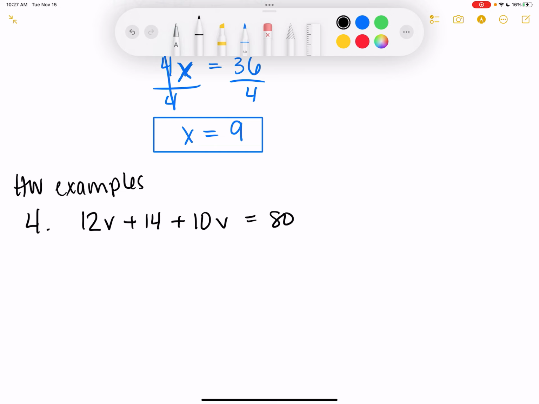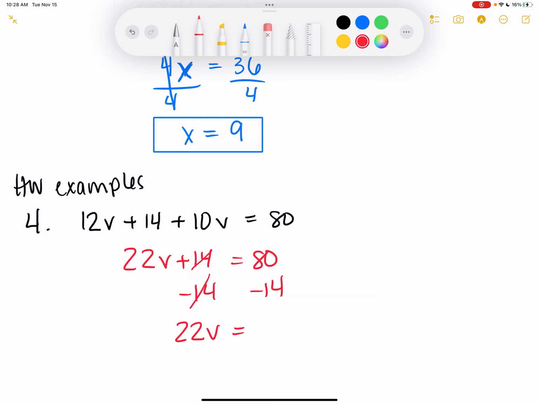What does that give me when I do that? Yep, 22v plus 14 equals 80. Now what? You do minus 14 on both sides.